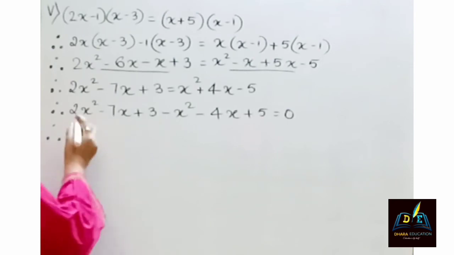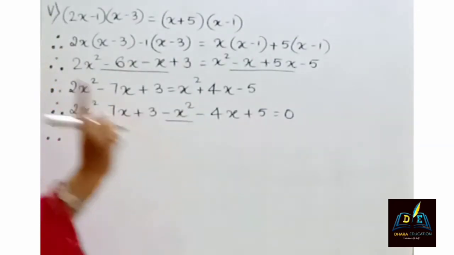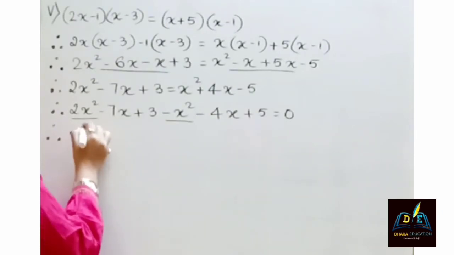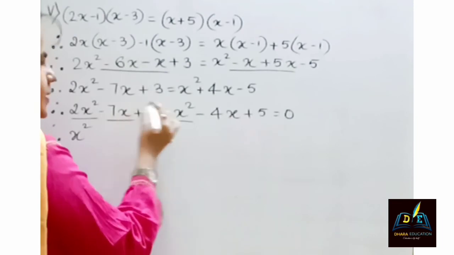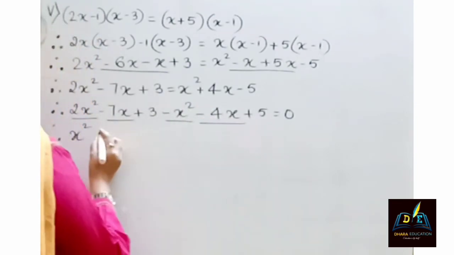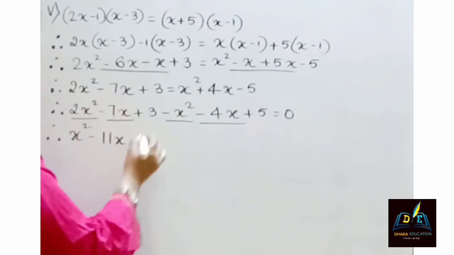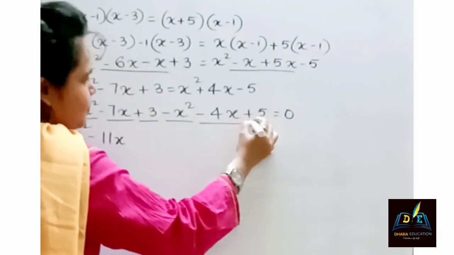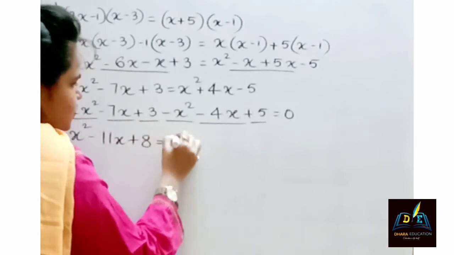Students, 2x square and minus x square gives you only x square. Then minus 7x and minus 4x gives you minus 11x. Then plus 3 and plus 5 gives you plus 8 is equals to 0.